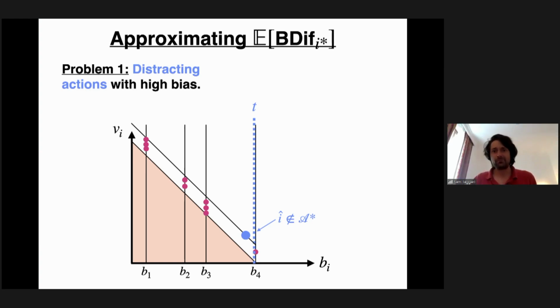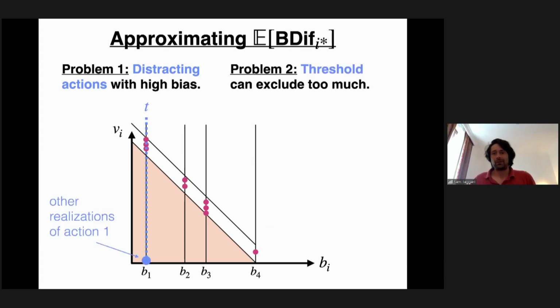Now, to compensate for this, you might imagine setting a really, really low threshold, but that can also go wrong. So the points in the picture are just the realizations that the agent actually took in opt. So if we allow ourselves just action one, like I've done in this picture, we know what action one looks like when the agent takes it, but we don't know what it looks like when the agent doesn't take it. And in particular, action one could be really terrible in every other realization.